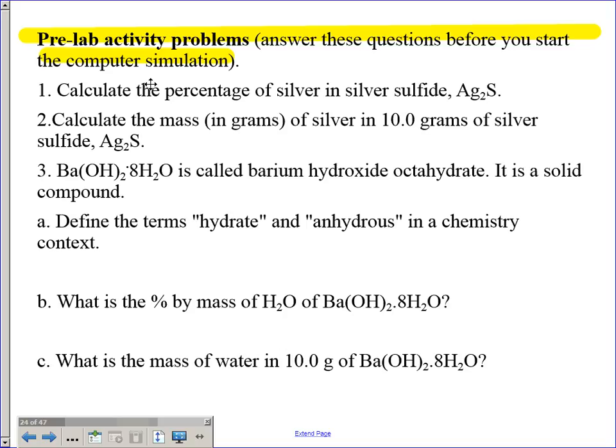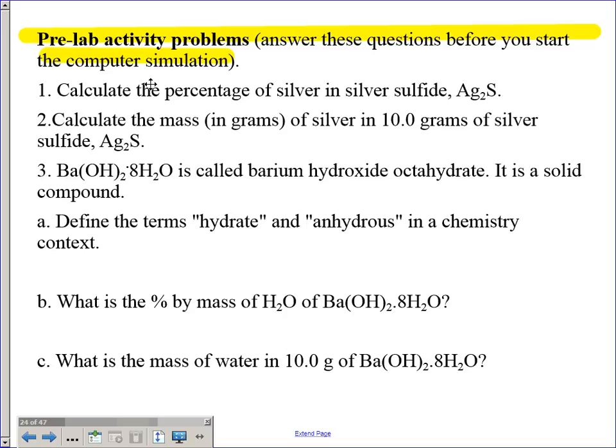Oh, so it would be, oh yeah. So it would be 2 times 107.87. Wait, I thought it was, yeah, you're right. I was looking at 2 times the mass of silver, on the top and the bottom. Yep.